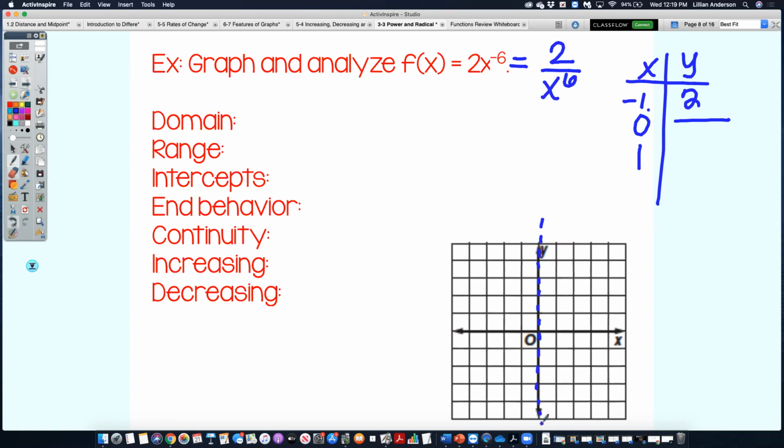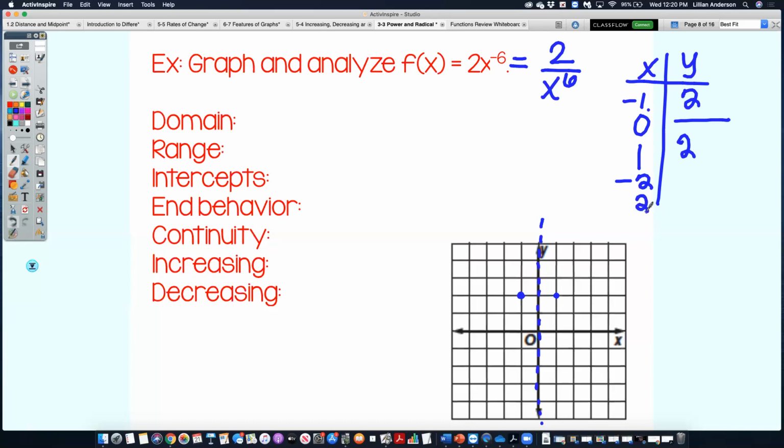I'm also going to put in (-1, +2). And when I plug in 1, what do I get? +2 as well. Doesn't give me much to work with. So let's use -2 and let's use +2.